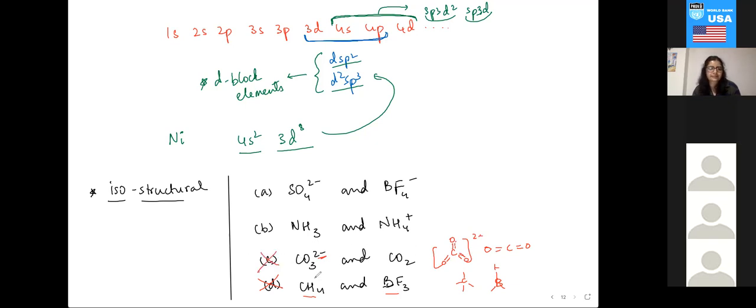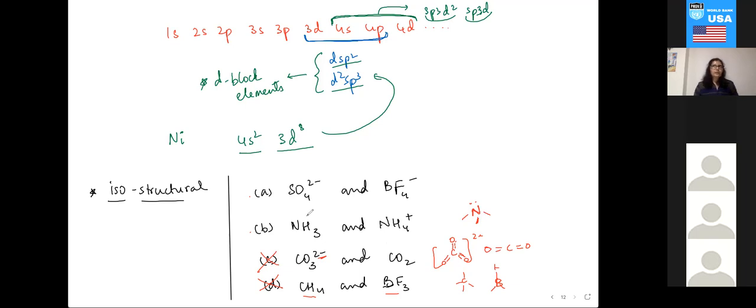One is linear, one is planar. Yeah, Kaveri is getting the idea. Yes, that is correct, Kaveri. Similarly, ammonia and ammonium ion. I can see why you might get confused between A and B because NH3, NH4 are quite close, right? But that's an important difference. NH3 has a lone pair and 3 bonds.